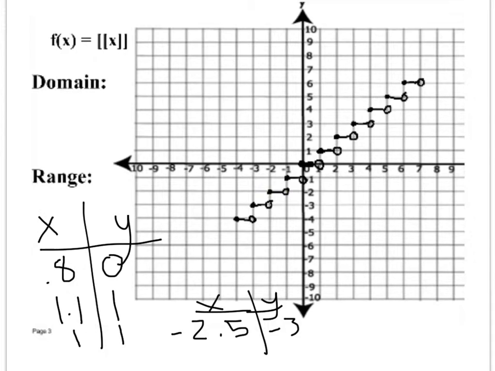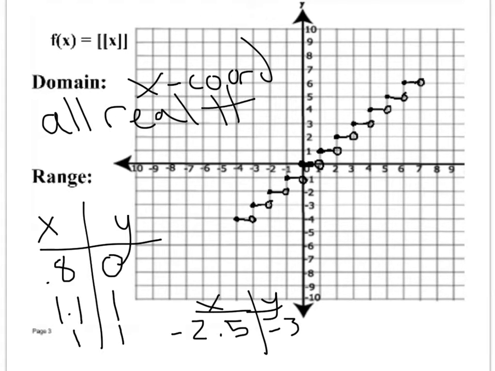So, let's talk about what's the domain of this function if it continues on in both directions? Remember, domain is x coordinates. Is there a limit to my x's? No. So my domain is all real numbers, because I could have any x coordinate in there.